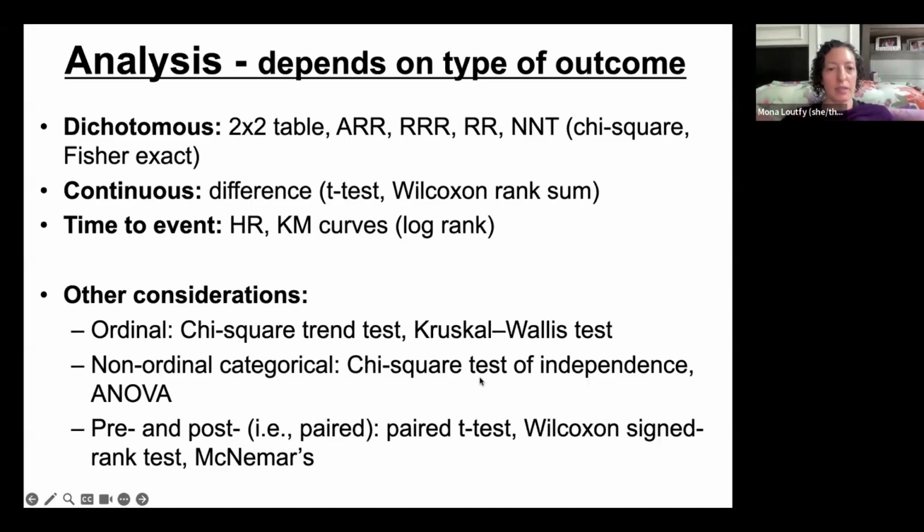But actually, this doesn't have to be just if the outcome is dichotomous. Really, it's if the independent variable is dichotomous. So let's take a continuous variable, right? Let's take age as continuous, and we're going to look at the difference of age between the low CD4 count and the high CD4 count.